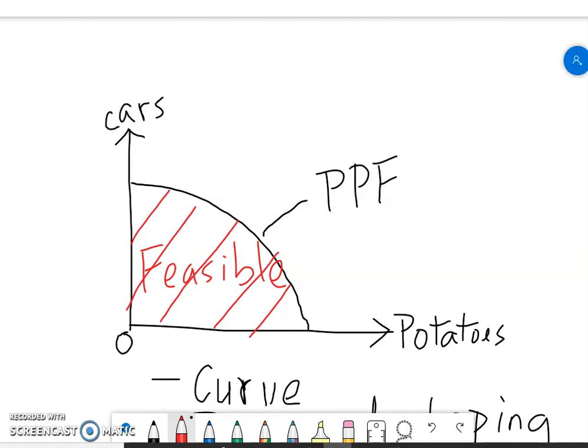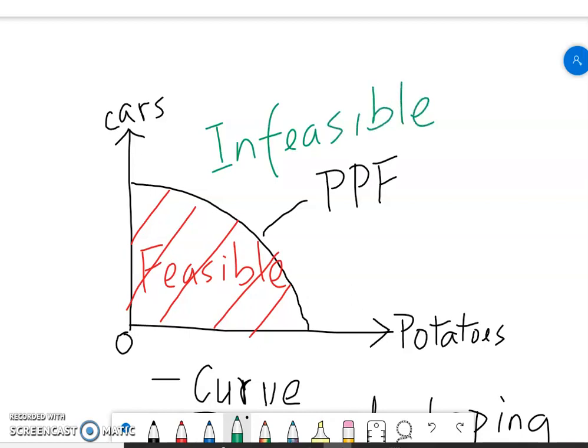If we go beyond the PPF, that's infeasible. In other words, for the given amount of resources, the economy cannot produce that many cars and potatoes at the same time.